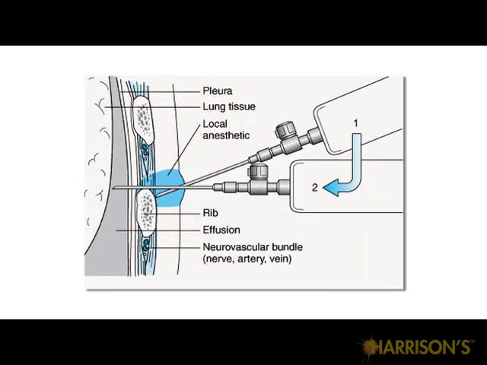When performing thoracentesis, a needle is introduced through the intercostal space into the pleural space. Insert the needle on the superior margin of the rib to avoid the intercostal vasculature and nerve. The fluid is withdrawn from the pleural space, taking care that the lung parenchyma is not injured and air is not introduced into the space.